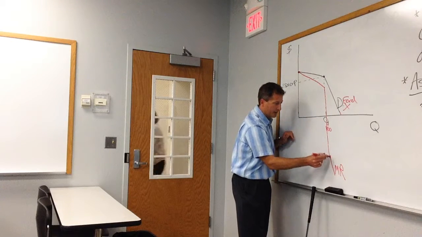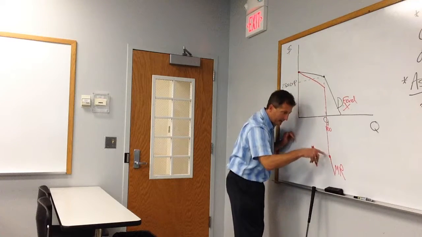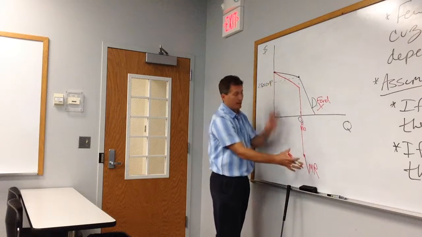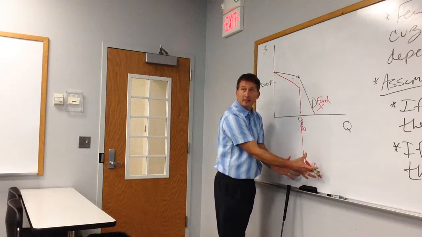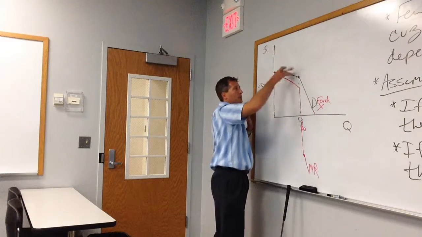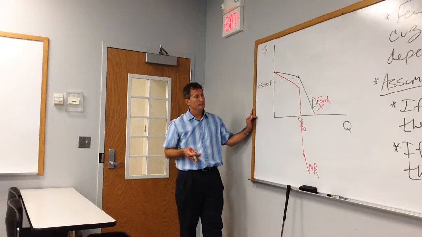Here's where it gets weird, is this weird space in between. The marginal revenue curve kind of effectively does that because it's discontinuous. We got this chunk over here, and then we've got this chunk over here, all being mapped according to how you drew your kinks. Yes, it's weird.